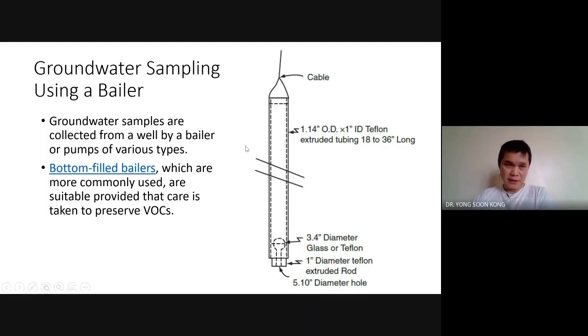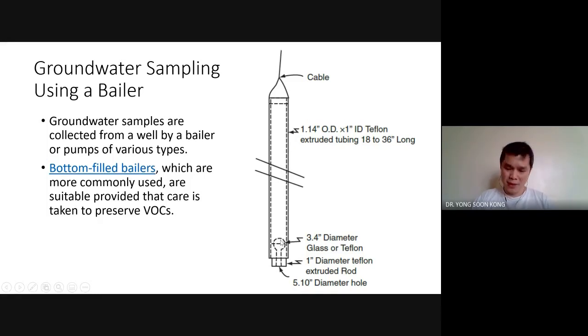I myself have already used this baler before, and it's quite tedious, because you have to insert it carefully with the ropes, and after you fill it, you pull it up, and each time the volume is very little, not enough.